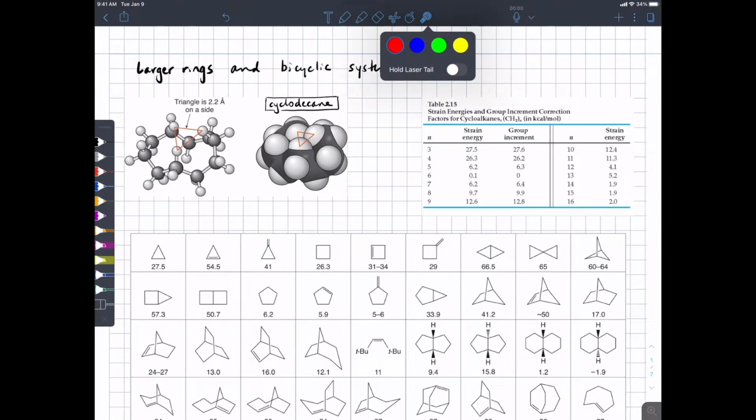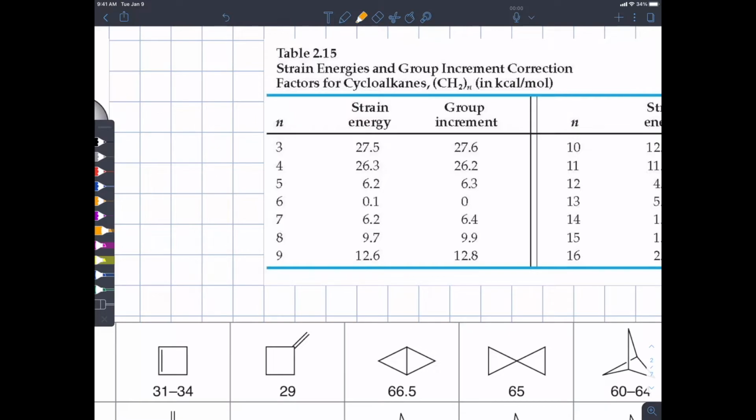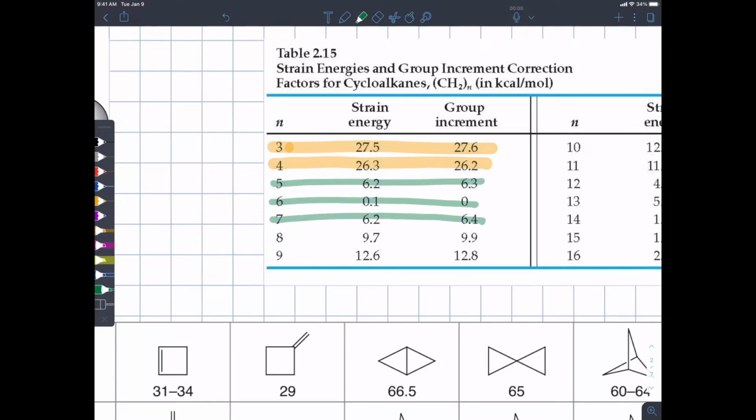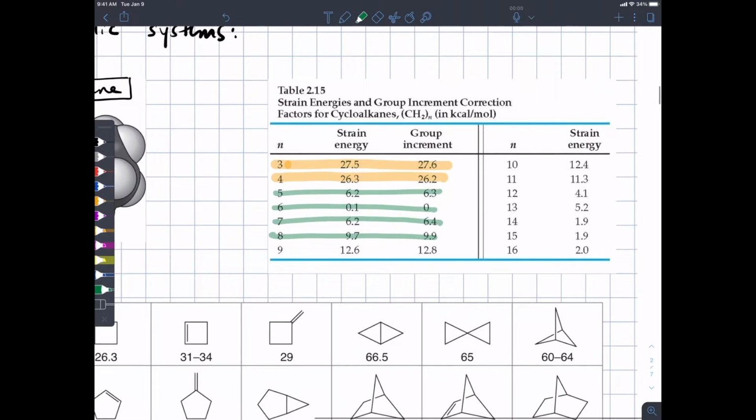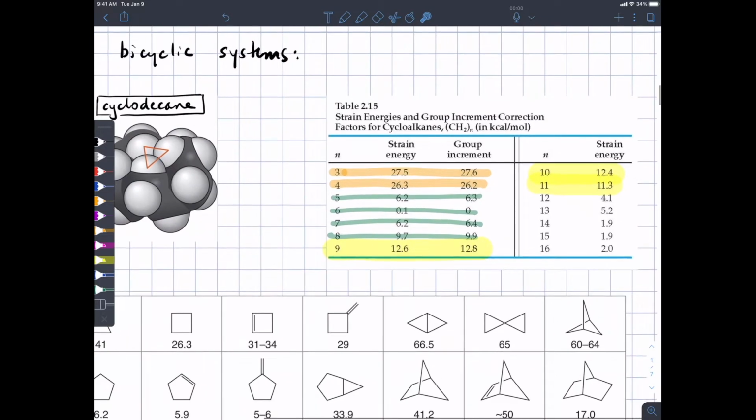One is that, as you've looked, we have some types of rings where the strain is pretty high, and other types of rings where the strain is pretty low. And maybe we have some other intermediate strain as we go from 9 to 10 to 11.